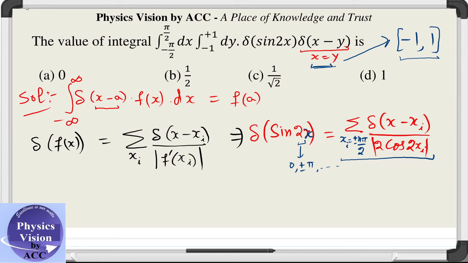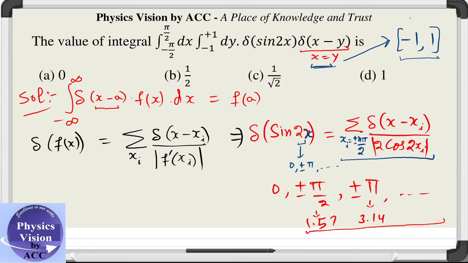The possible values of x are 0, plus minus pi by 2, plus minus 2 pi by 2, that is plus minus pi, and so on. But the value of pi is 3.14. What is the value of pi by 2? It is 1.57. All the other values are outside this region actually, right? So what do we have? We are left with xi equal to 0 only. This is the only value which will give us the answer.